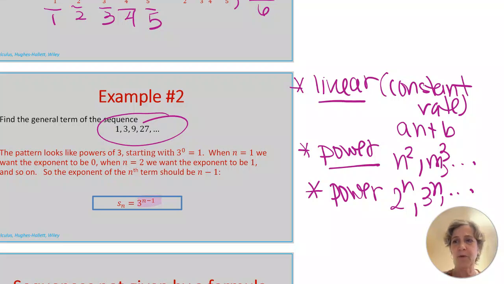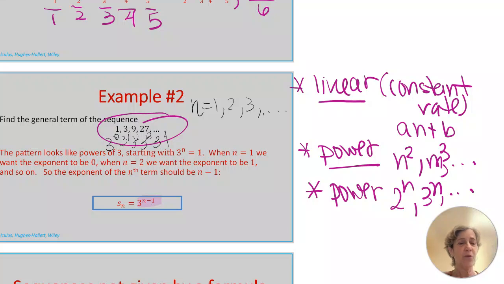The way they came up with that was by looking at this pattern: 1, 3, 9, 27. This looks like 3 times 1, 3 times 3, 3 times 9. So this is 3 to the first, 3 to the second, 3 to the third, 3 to the fourth, and 1 is 3 to the 0. Since we let n, our counting numbers, start with 1 and move forward, our pattern here is going to be 3 to the n minus 1.